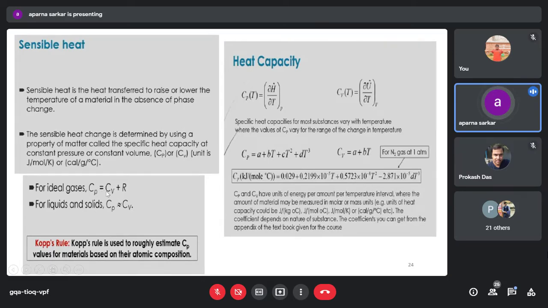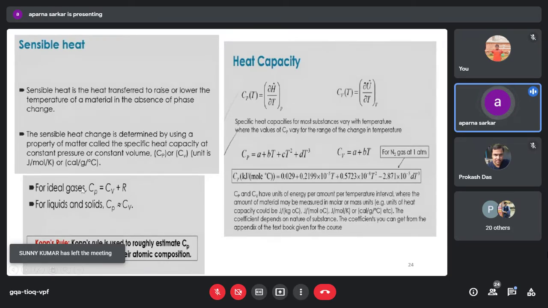This formula we can apply only for an ideal gas system. Now if we have liquid and solid, then the specific heat Cp is approximately equal to Cv.